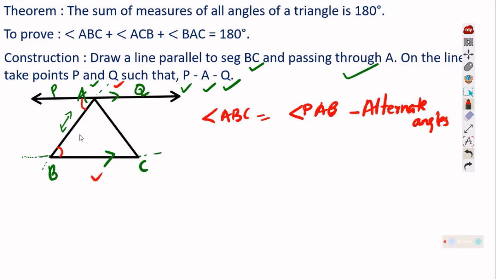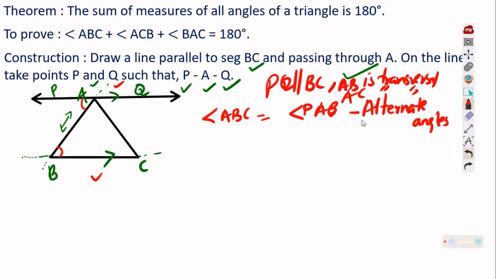PQ is parallel to BC, we know, that is the reason, and we have AB as transversal. This is our consideration. The same way AC is also a transversal.